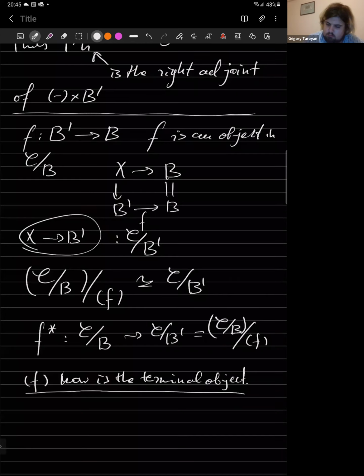Okay, so I think this completes the proof of this theorem.